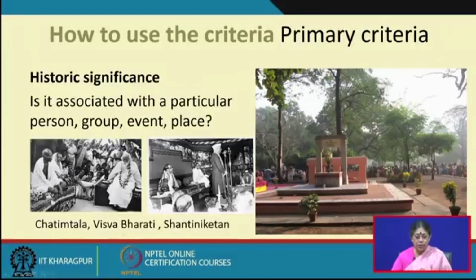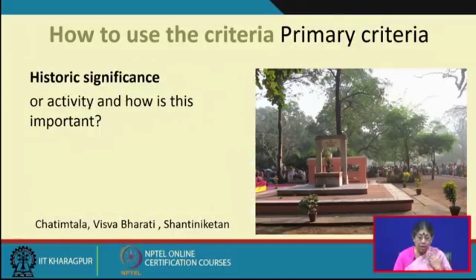This is also the place where Nehru, when he was the chancellor or Upacharya of Vishwabharati, came and gave a speech. It is all happening in that place. So, it is associated with a person, and it is associated with an event. That place is very important. This Chatim Tala continues to be important in the activities of Vishwabharati, because this is where the convocation takes place.